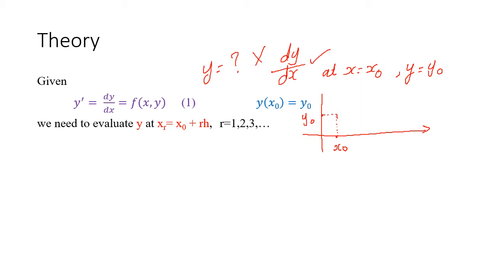Now the task is this: we have to find the value of this function at some point, say x1, which is h away from x0. We are given that at x equal to x0, the function is y0.